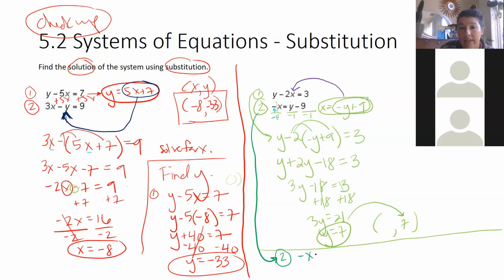So negative x equals y minus 9. Negative x equals, we know our y value is 7. So 7 minus 9. Negative x equals negative 2. So if negative x equals negative 2, you can do it mentally and get x equals 2. You could also divide both sides by negative 1 to get x by itself.